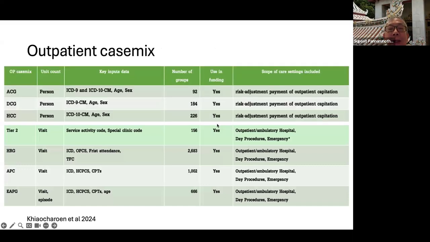Like the imminent agenda in Thailand, we had a workshop last month about the outpatient case mix.